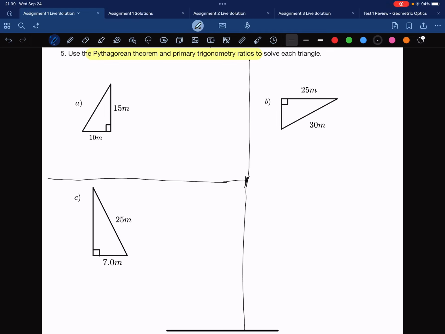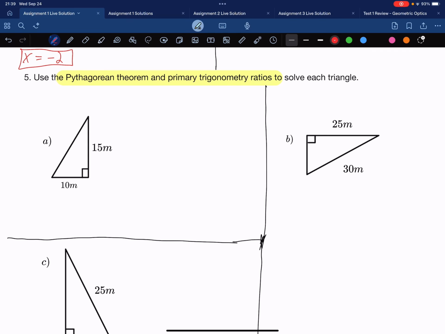So I've sectioned off my 3 parts of the question here just to make it more clear what part is going with what part. So, A, I have 10 meters and 15 meters for each of my side lengths here. So I'm going to start by finding the last one using the Pythagorean theorem.